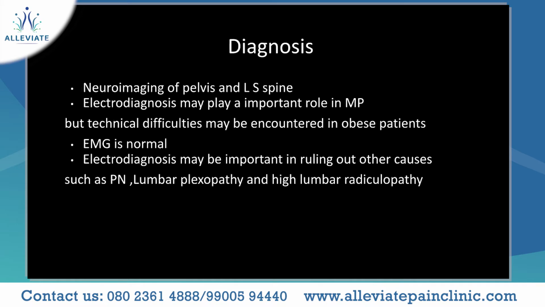Diagnosis is neuroimaging of the pelvis and the lumbosacral spine. Electrodiagnosis may play a role in neuralgia paresthetica, but technical difficulties can be encountered in obese patients. EMG is usually normal.